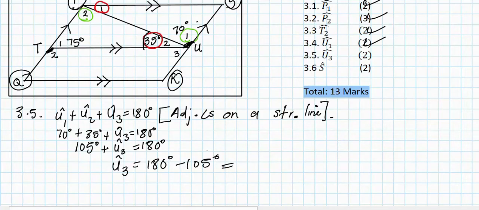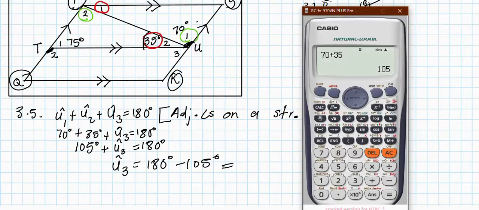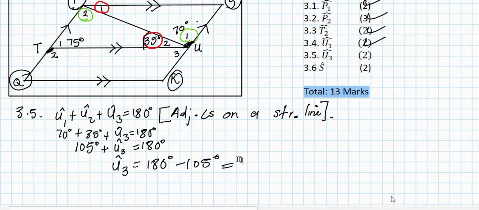And we know that, wait for it. Of course, you know what we are going to do here. We are going to say 180 degrees without any shame minus 105 degrees. That gives us 75 degrees. So here we go, 75 degrees right there. Boom. So u3 is 75 degrees.